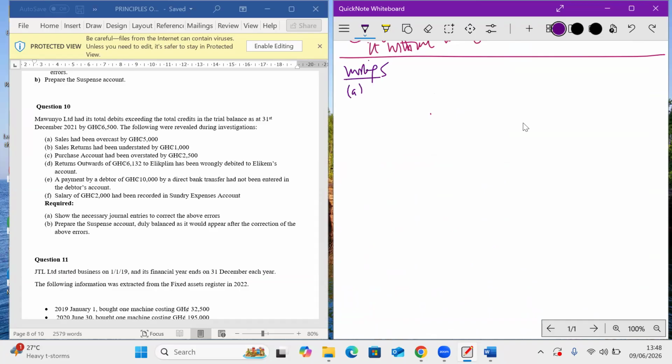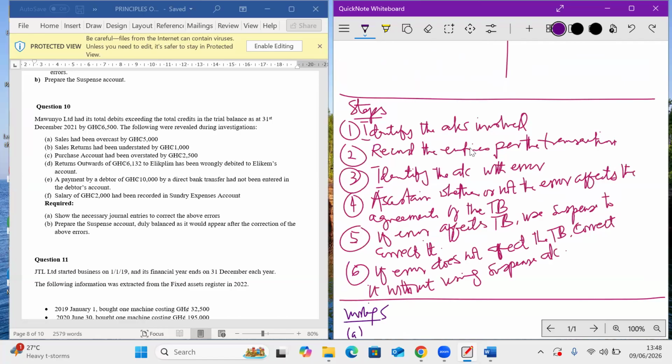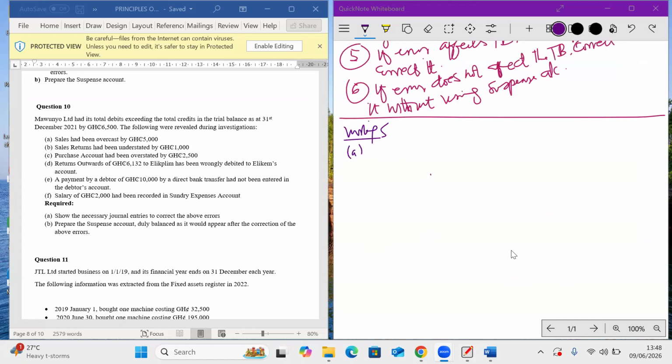It's a transaction. If it is a transaction, let's follow the steps. What's the first thing to do? Identify the accounts involved. So what accounts are involved in that A? Sales account. Yes, we have sales account.